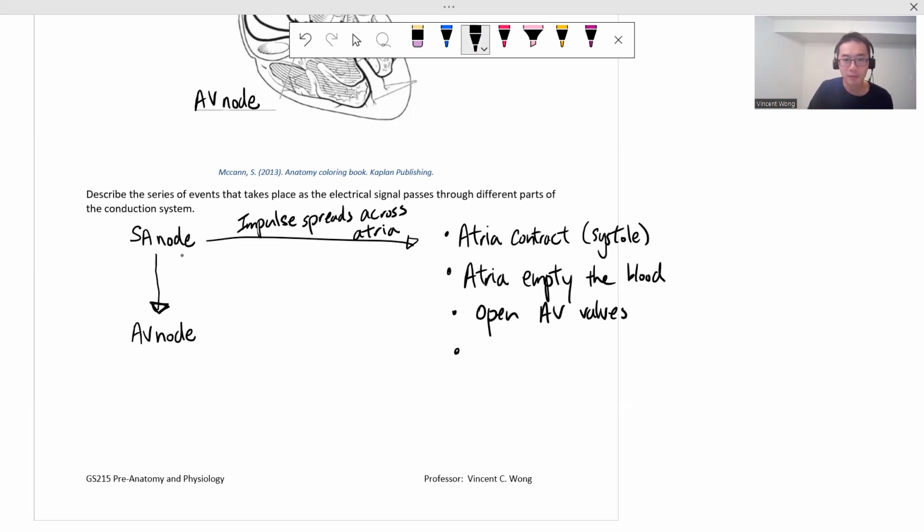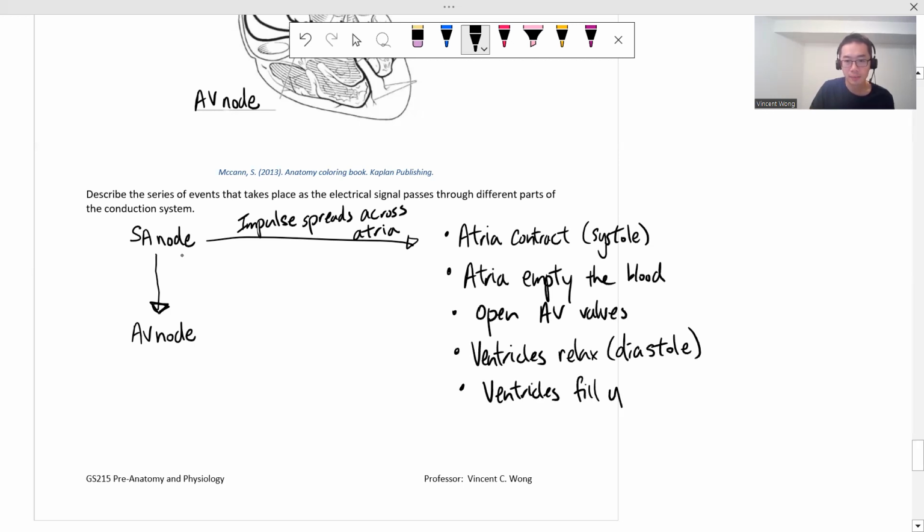And for the ventricles to fill up, they need to be relaxing. So ventricles relax, diastole. And then ventricles fill up with blood from the atria, right? Like obviously. And last time we were saying, when the blood is coming down and filling up the ventricles, we don't want them to escape.